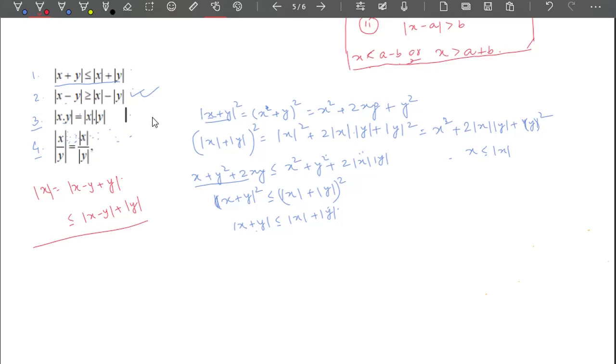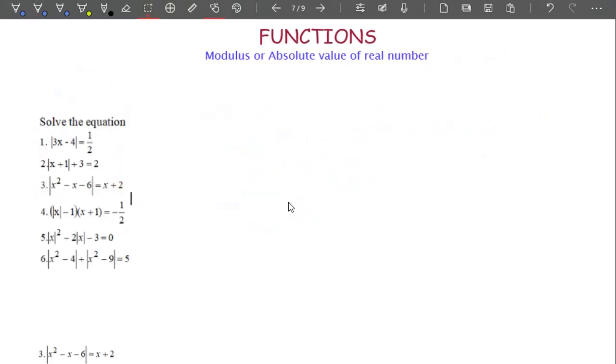And by transposing you will get the second one. Third and fourth are very easy. There is one restriction on it: y is not equal to 0. Always remember the denominator is not equal to 0. So that is the fourth property of modulus.